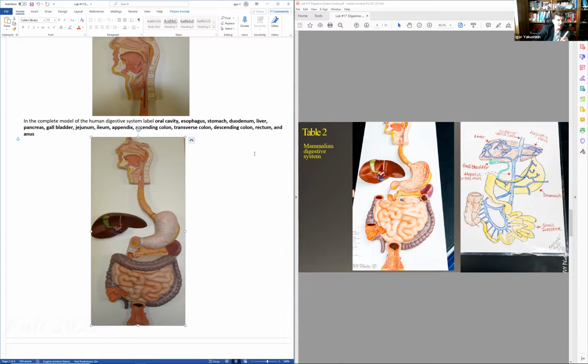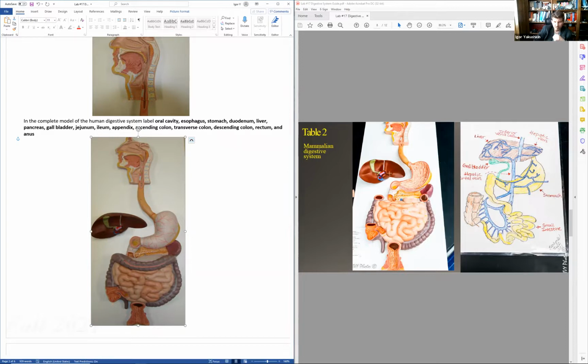Now let's take a look at what else we need. Liver. Liver is right here. And underneath the stomach, there will be a kind of granular gland. That's the pancreas. Gallbladder is this particular green part attached on the bottom of the liver.